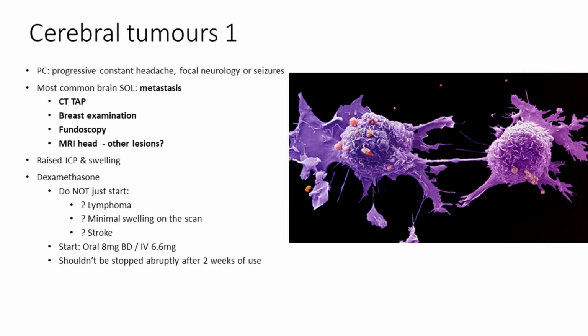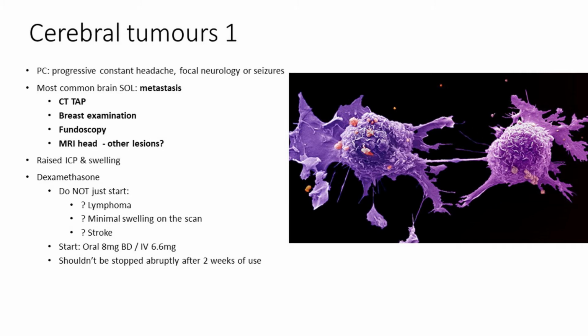Most will have a progressive headache that never goes away, but that's not really that specific to tumours at all. It's the most common complaint; everyone will have a headache at some time in their lifetime.